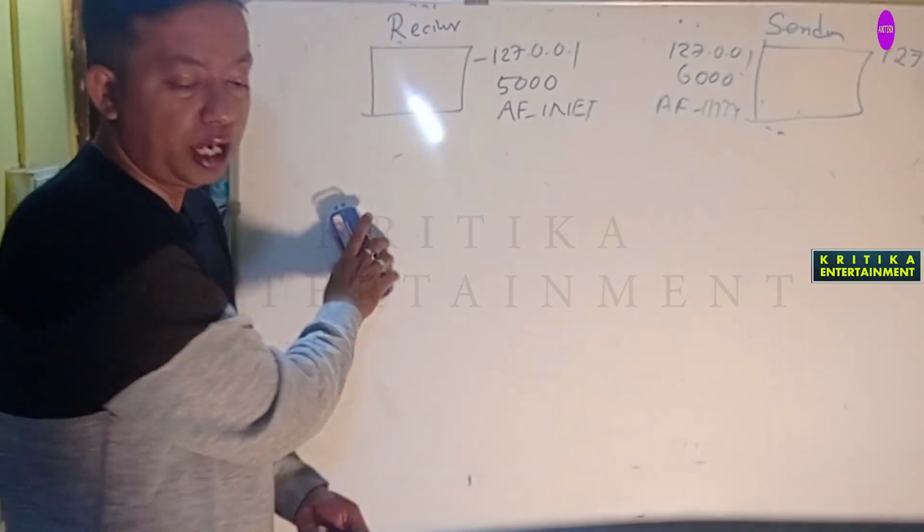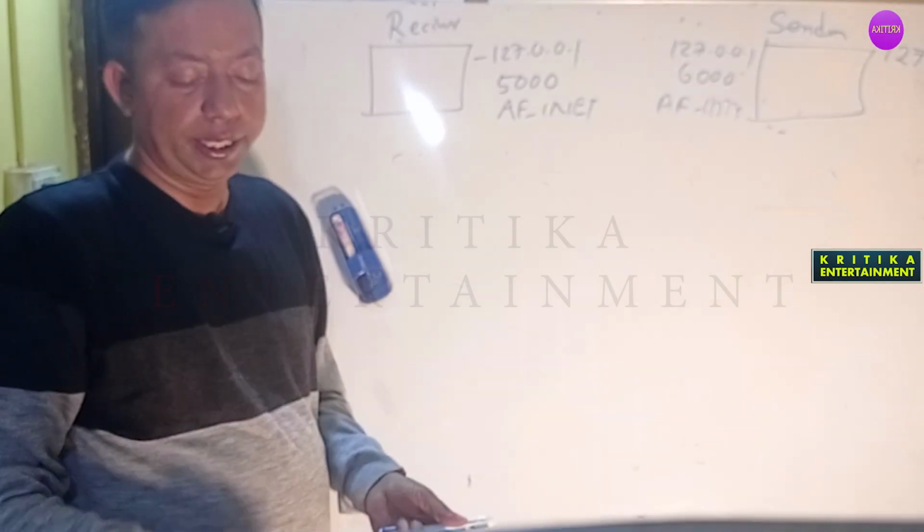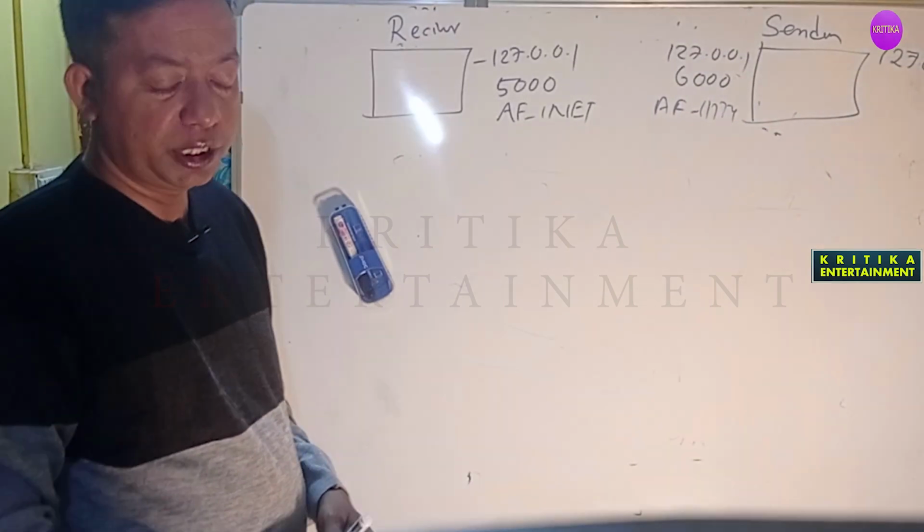Then I will declare the socket. Here I write int main, then start the bracket. I will define an int for the receiver, called the receiver FD.